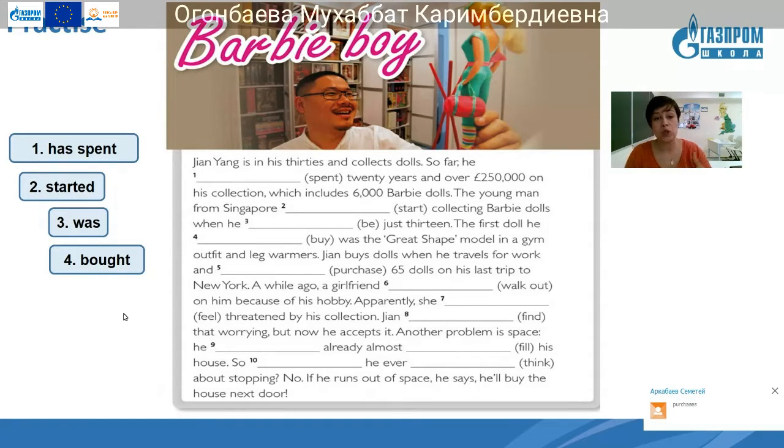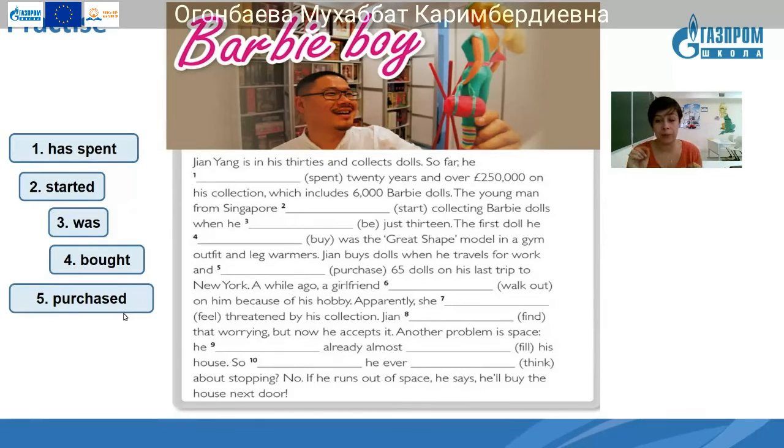Okay, Smithay, it should be either past simple or present perfect. We cannot say purchases. Perfect, Nikita. Present perfect, but purchased, with an ed ending. Buy and purchase, well, they are synonyms.